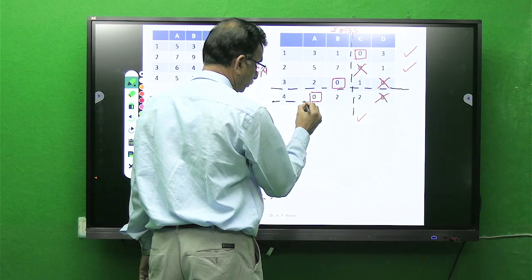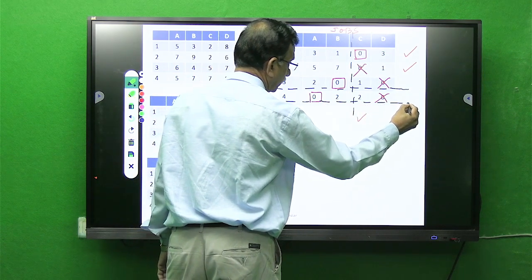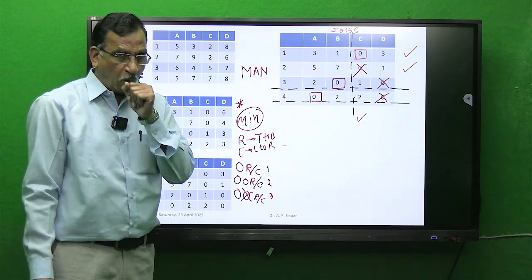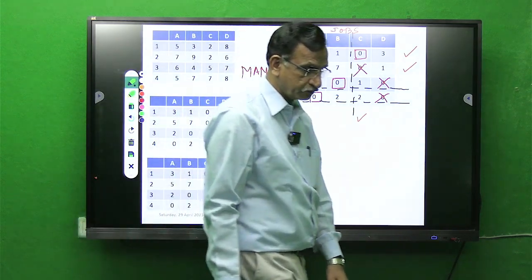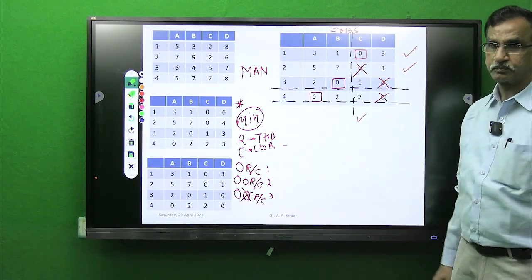Draw lines through tick marked columns and unticked rows.